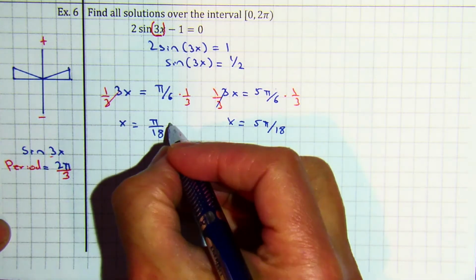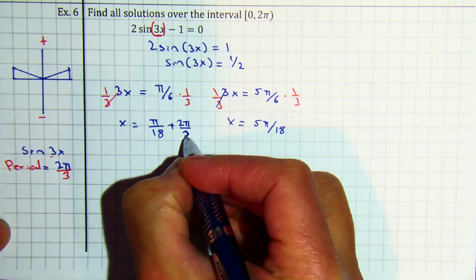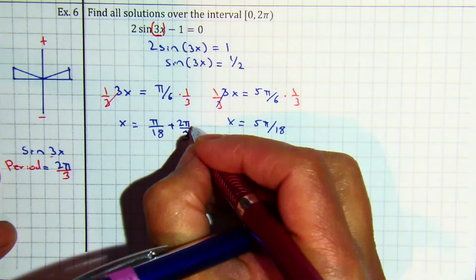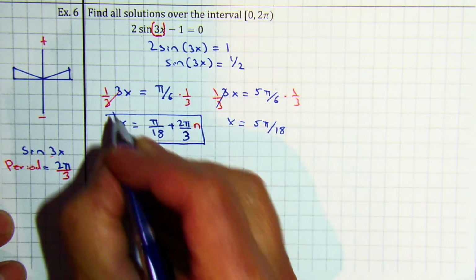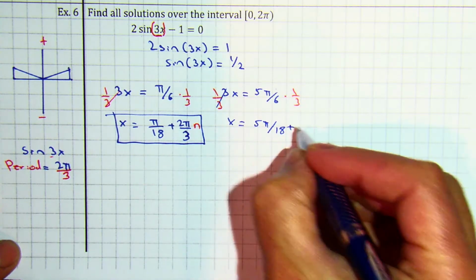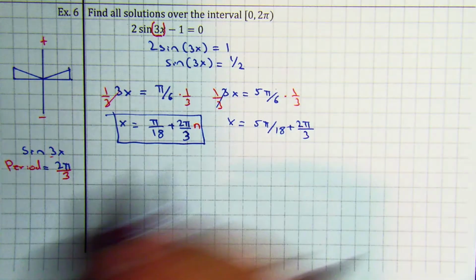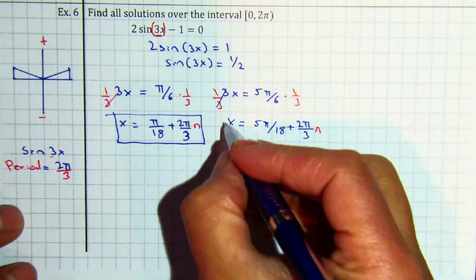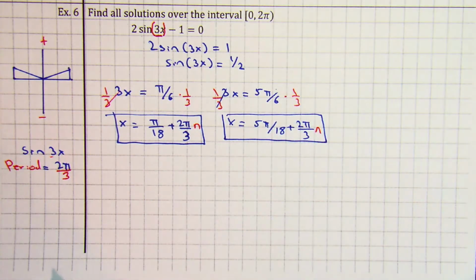So therefore, this will be plus 2 pi over 3, because that's how often it repeats. And that will be all the solutions. So plus 2 pi over 3 n. And now we need to find all the solutions between 0 and 2 pi.